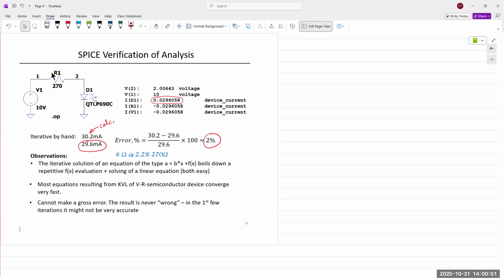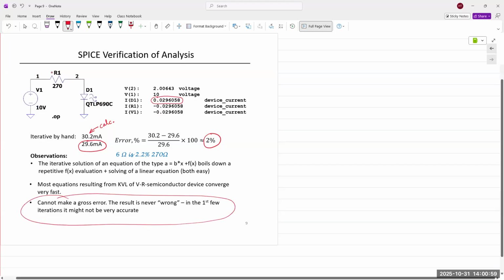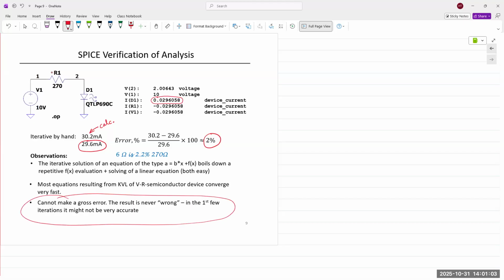Doesn't take long. As it states in the last point, the result is never actually incorrect, but in the first few iterations, it might not converge or match up. You might have to go 2 or 3 steps, maybe 4 or 5 steps, depending on how many decimal places we want to take.